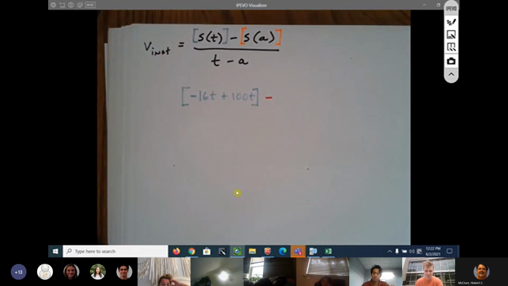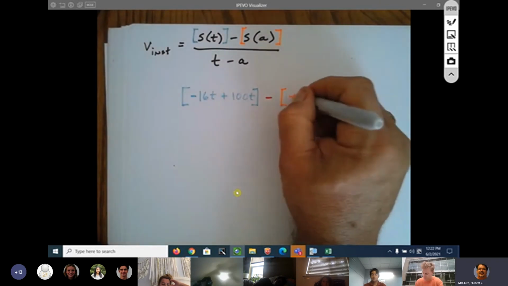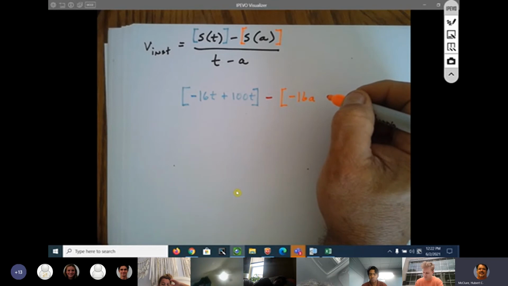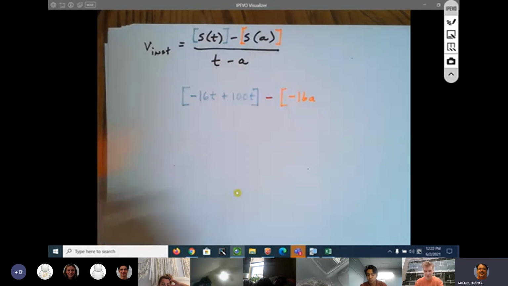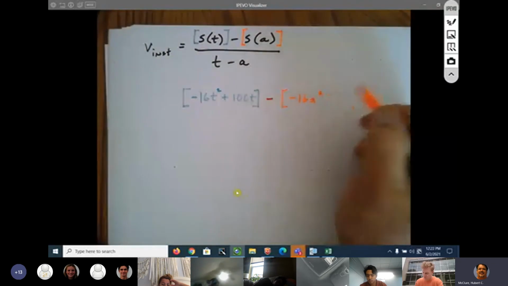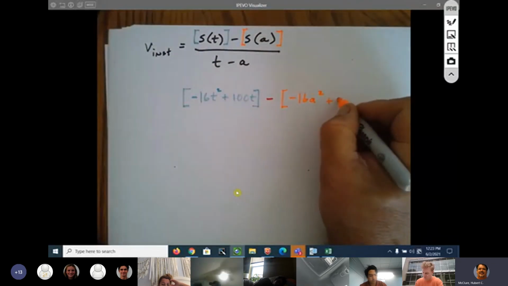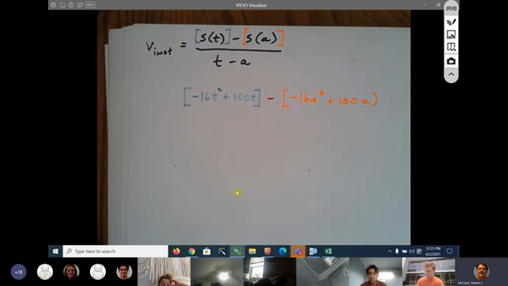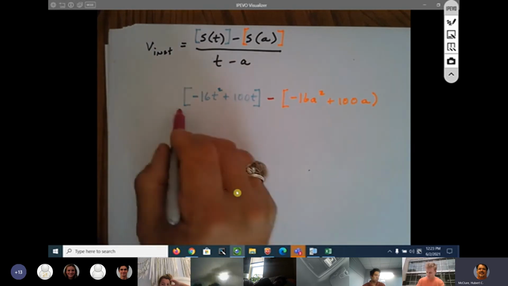A. So that's going to be negative 16a squared. Supposed to be squared. Plus 100a. All that over t minus a.